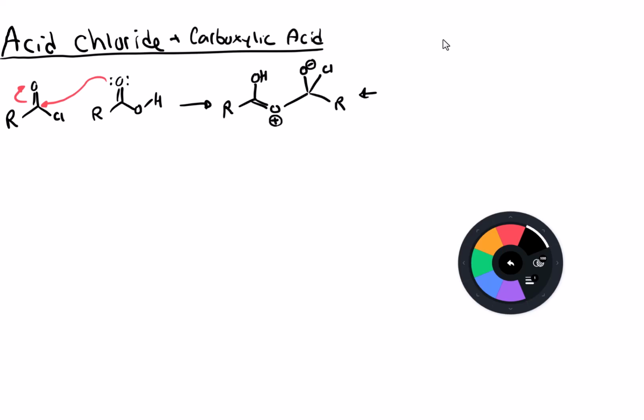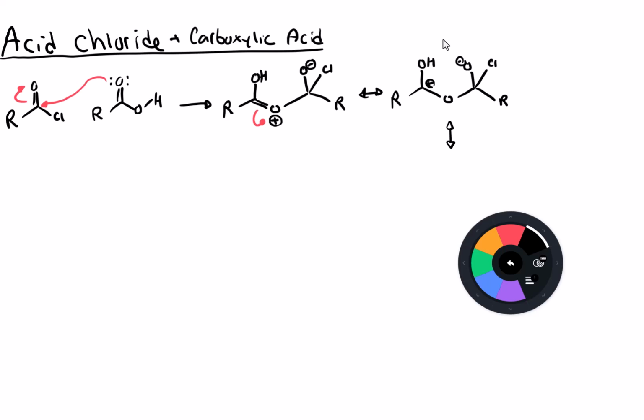This intermediate has two additional resonance structures. We can take a pair of electrons in our pi bond and convert them into a lone pair on that oxygen. That leaves us with a plus charge here.